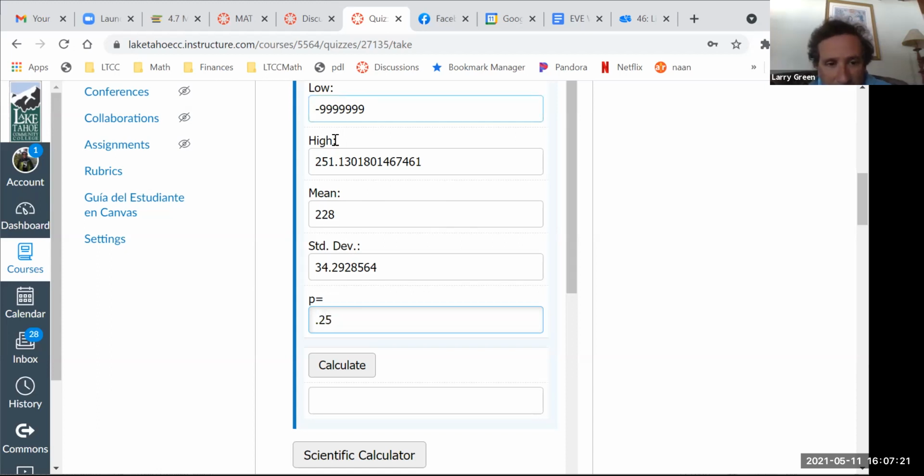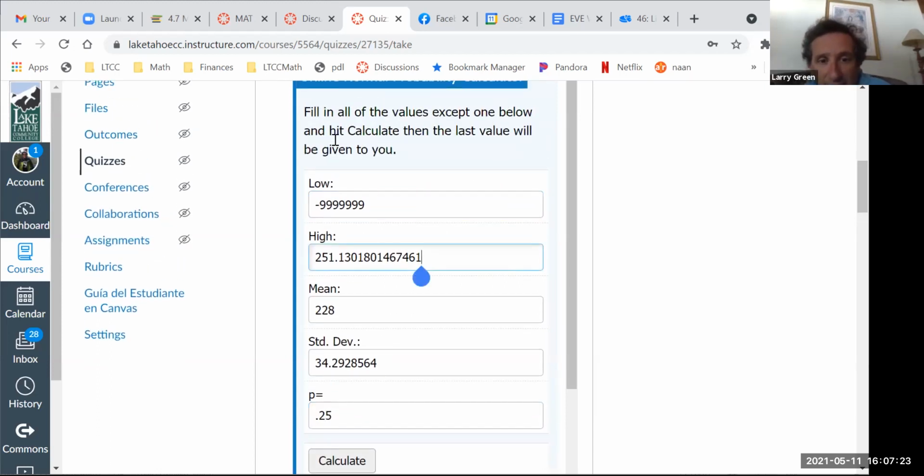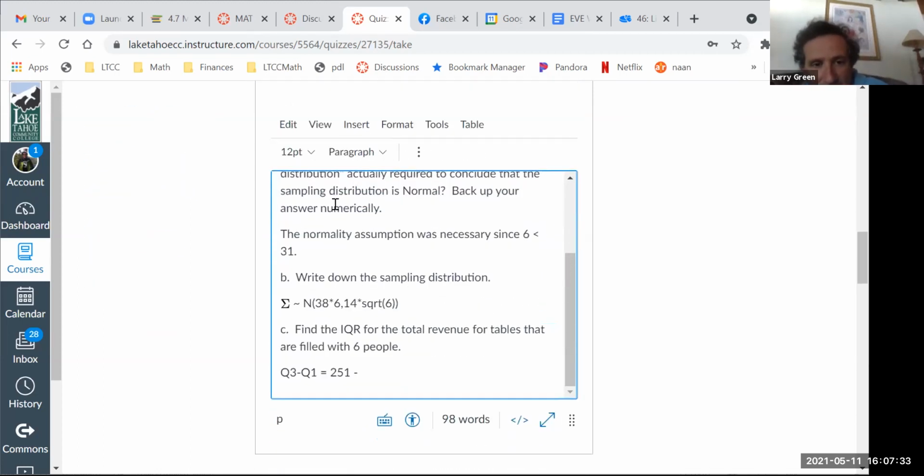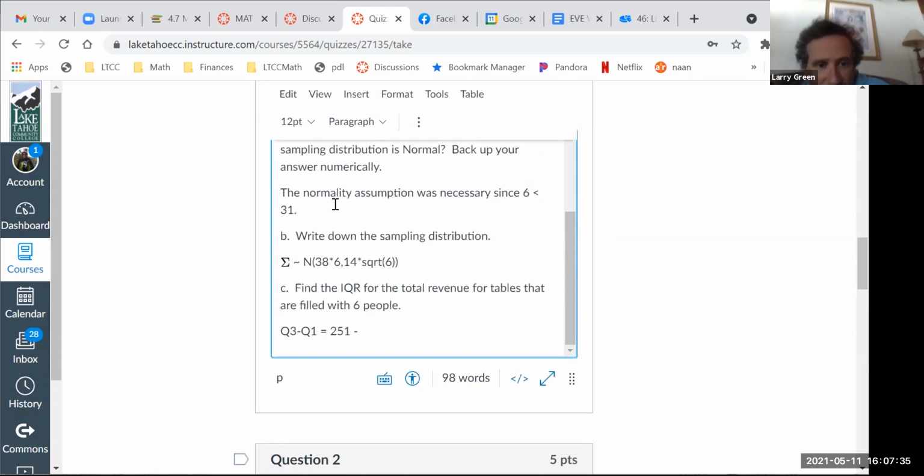Yeah, 0.25. And then again, the high is what we want, so I leave that one blank and hit calculate, and you get 205, which is good enough. Okay, and you can use a calculator, I can do it in my head. That's just 46. And there's your IQR.